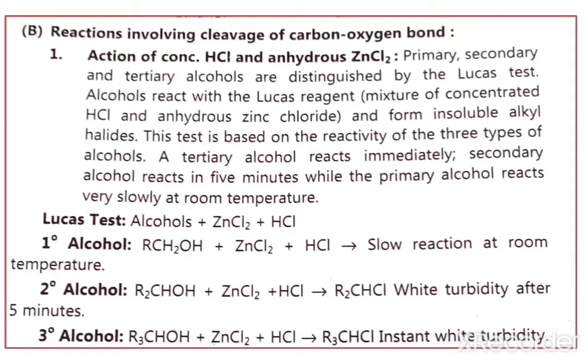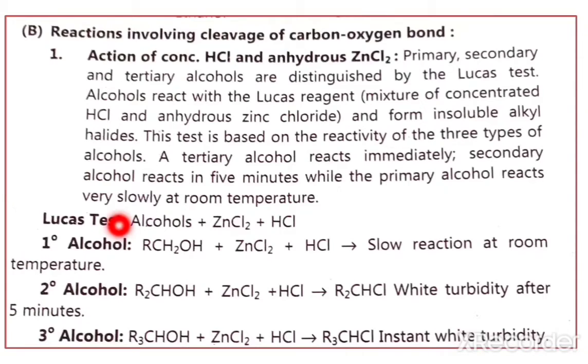A tertiary alcohol reacts immediately with the Lucas reagent, while the secondary alcohol reacts in 5 minutes. The primary alcohol reacts very slowly at room temperature. This is the observation for tertiary, secondary, and primary alcohol.